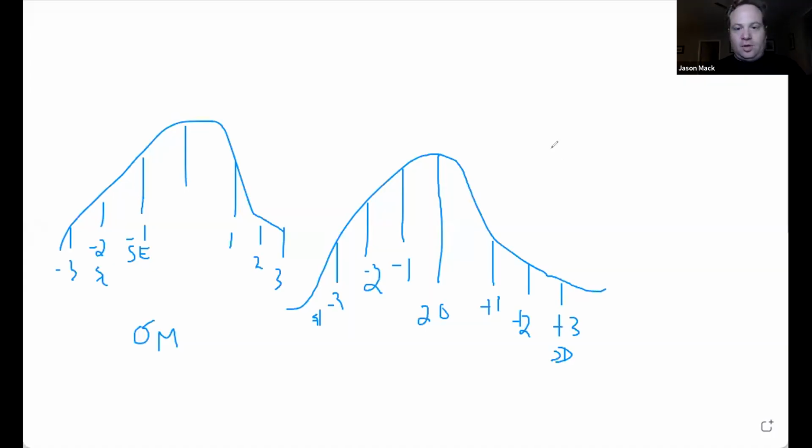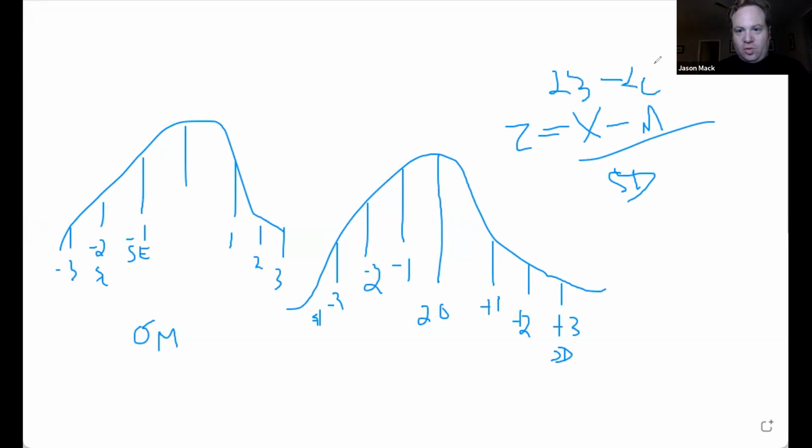So if we go into our whiteboard here, z is always equal to x minus m over the standard deviation. Well, we have all of that. So our x value was 23 minutes minus 20, that was our mean.